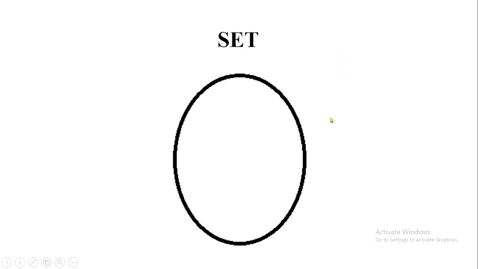Let's say I have set A, having A, B, C, D, E, F, G as the elements in that set. Then all those elements will be inside this circle. I hope you understand that. So you should be able to differentiate between the universal set and a given set in a Venn diagram. If that is understood, let's continue.